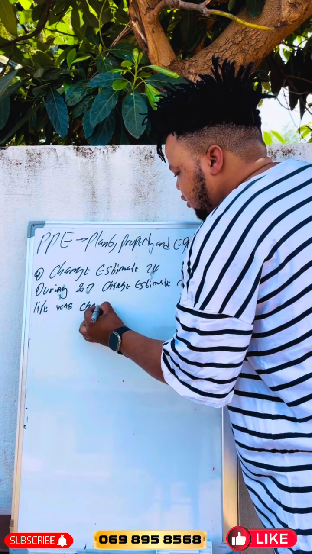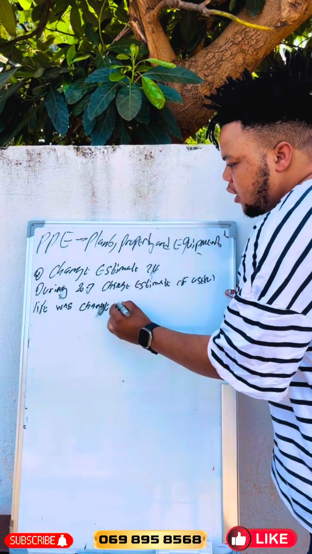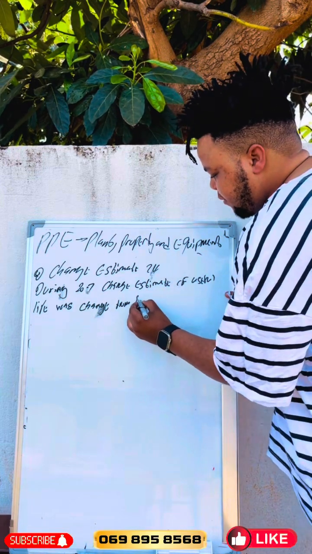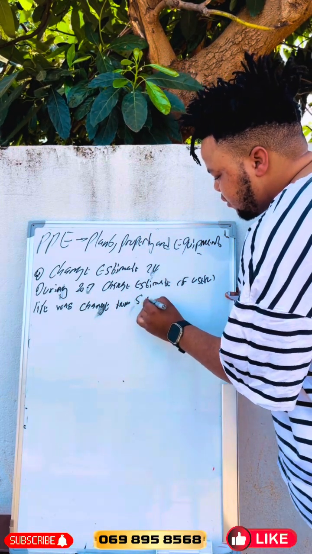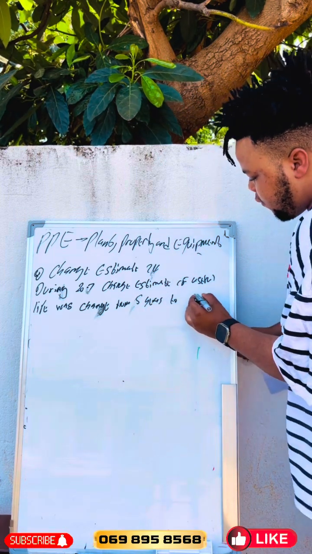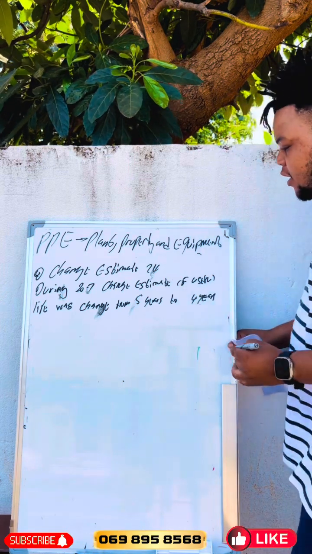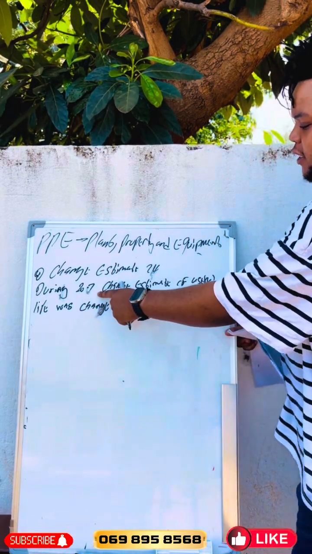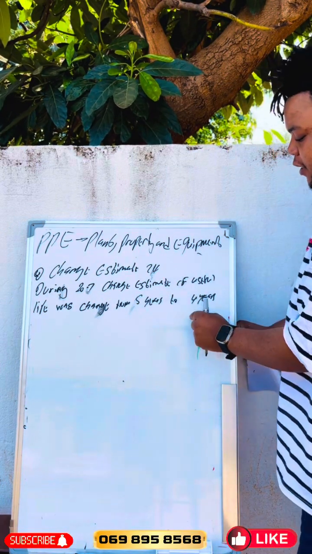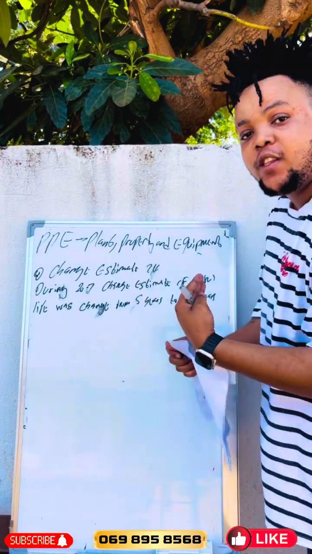Was changed from what? From 5 years as estimated to what? To 4 years, because this year we're using 4 years. So during 2017, the change in estimate of the useful life was changed from 5 years to 4 years. You just show the movement of the estimate.